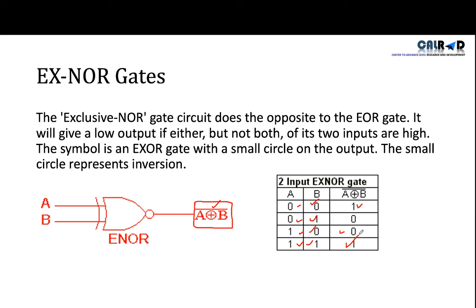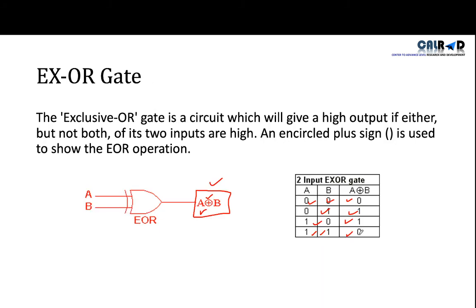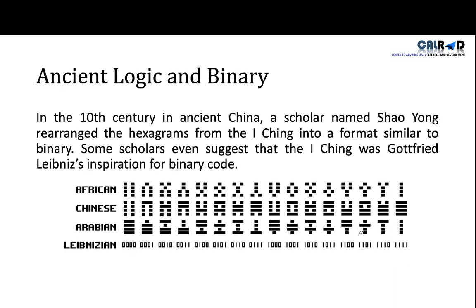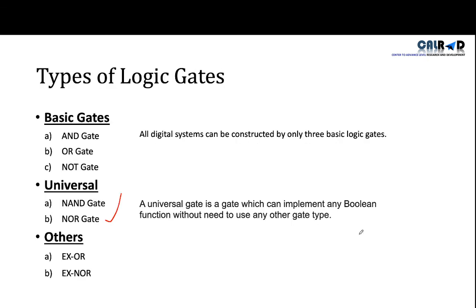Now you see that there were some gates which were the inverse of some other gates or a combination of other gates. The main reason for studying these gates is that the basic gates are these 3 gates. You can make every type of system from these 3 gates. But that design will be very big.